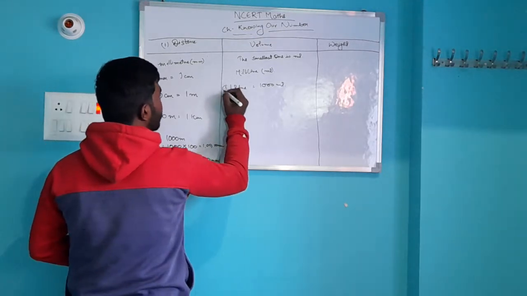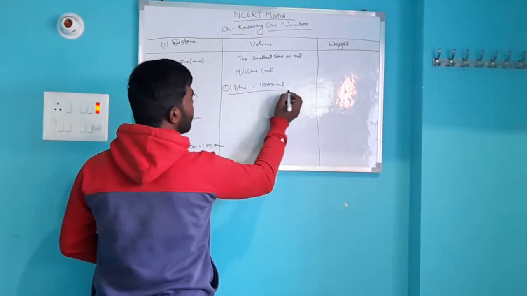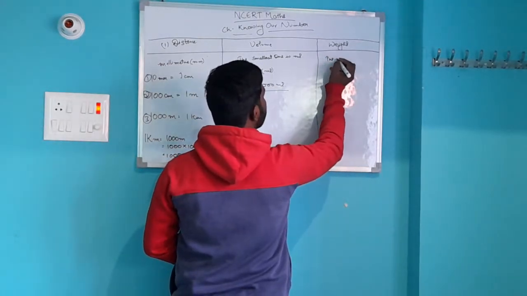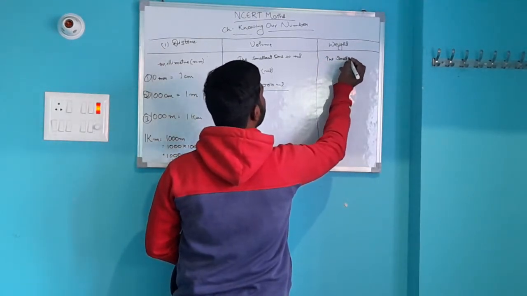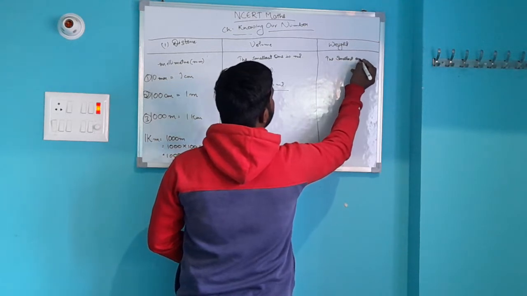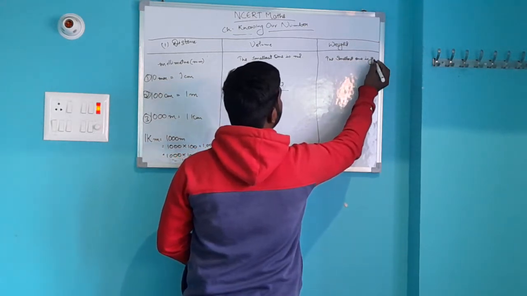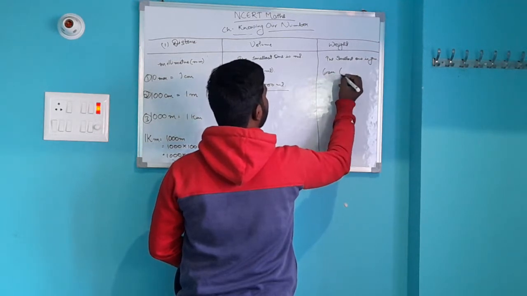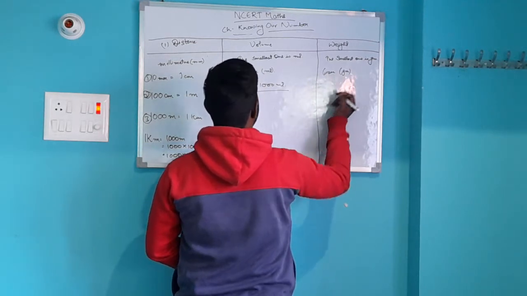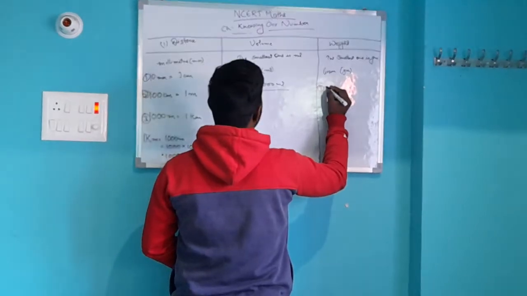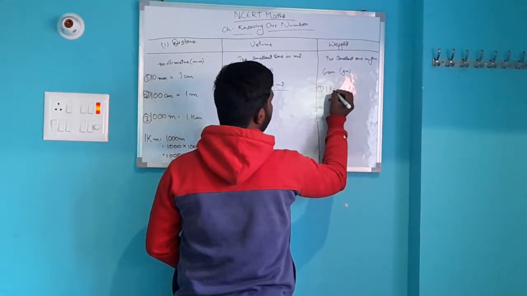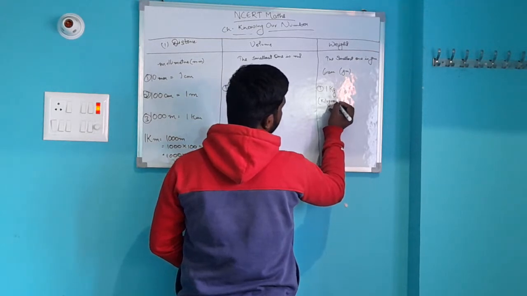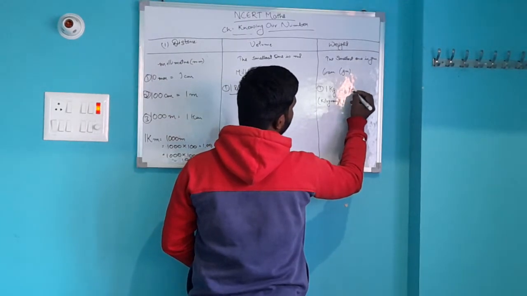I hope you understand this also. Commonly this is used, and in weight, the smallest one is gram, symbol g. And in 1 kg, kilogram, there will be 1000 grams.